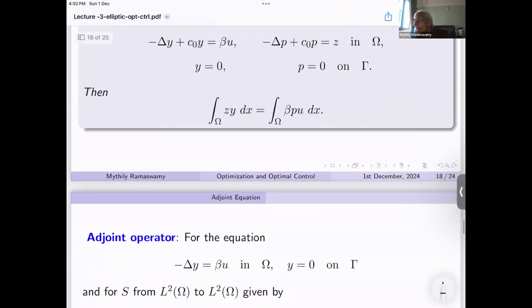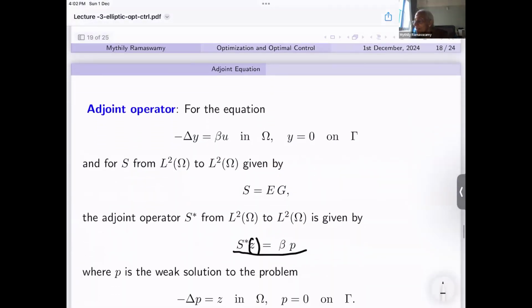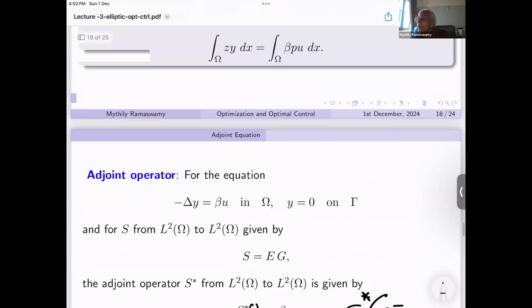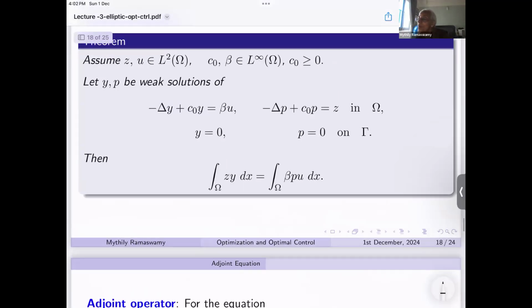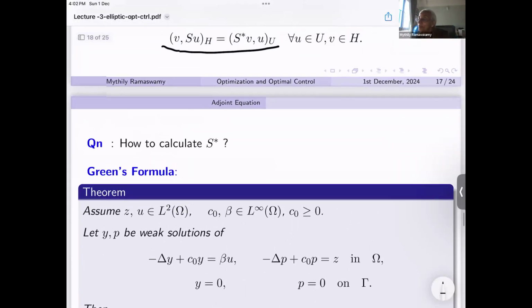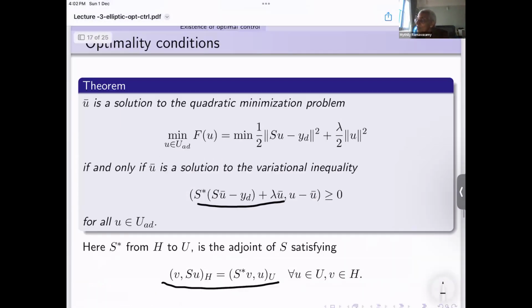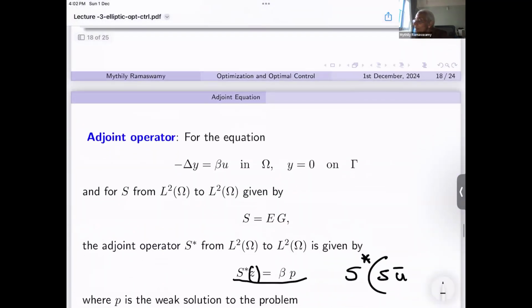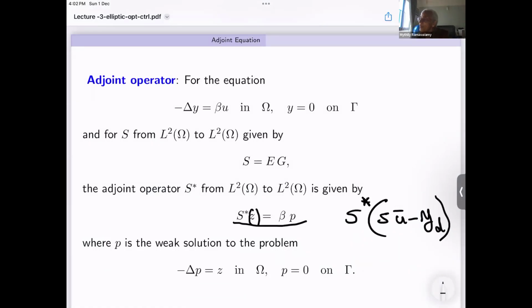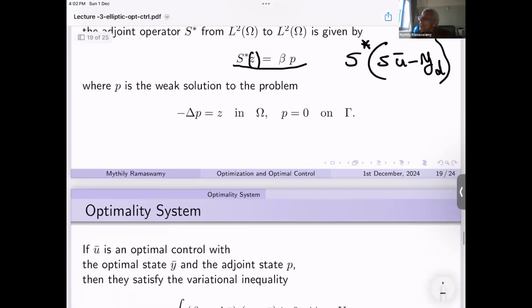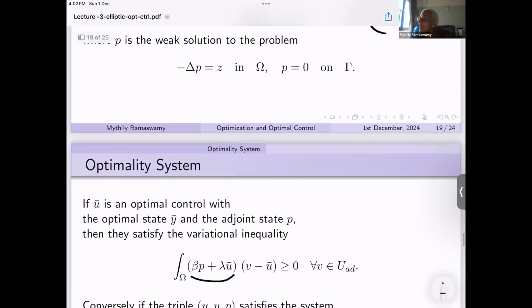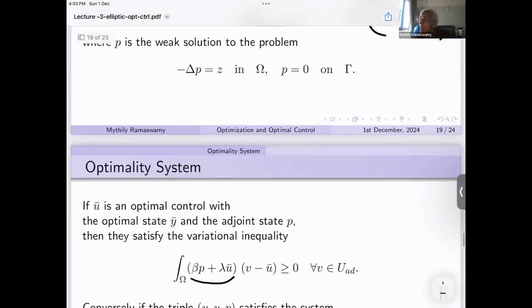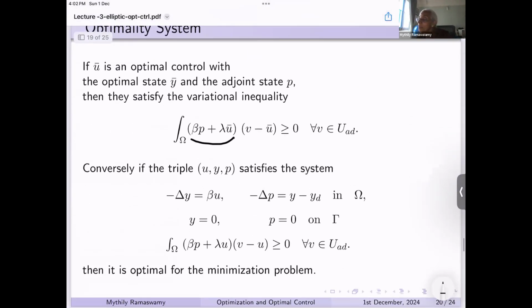I needed S star acting on SU bar minus YD. So this is the derivative which is computed here.